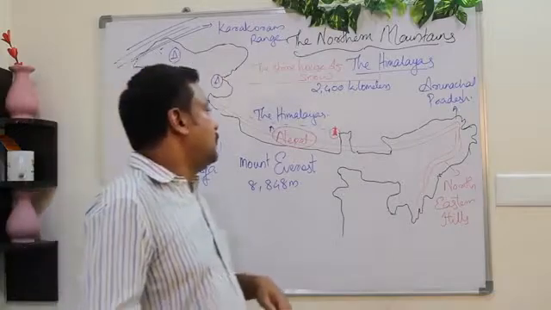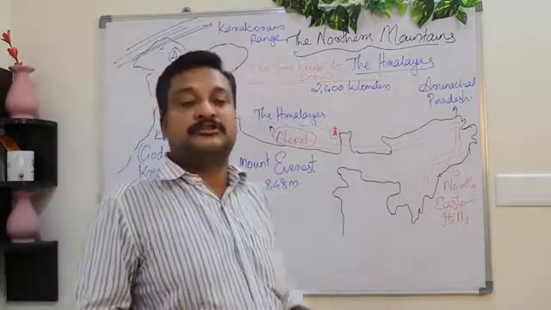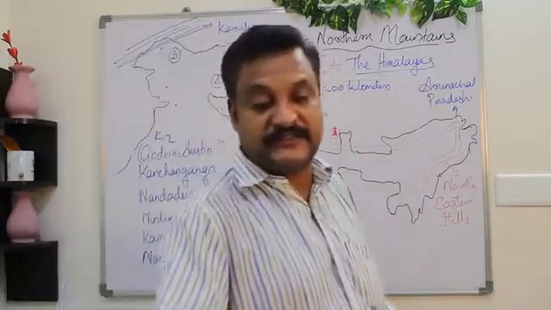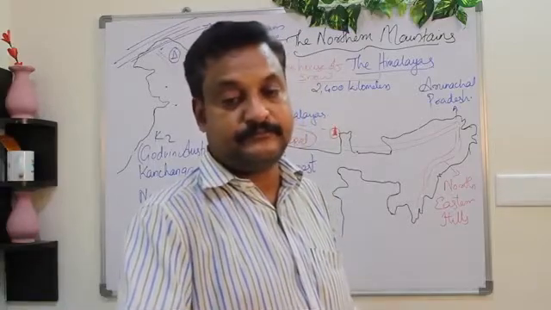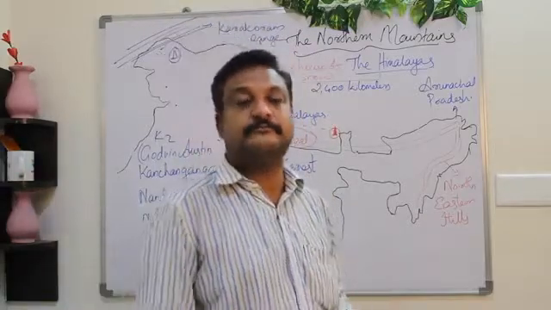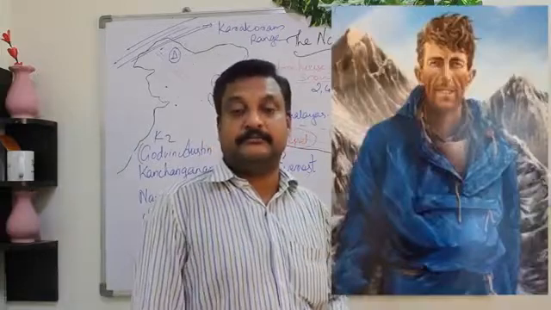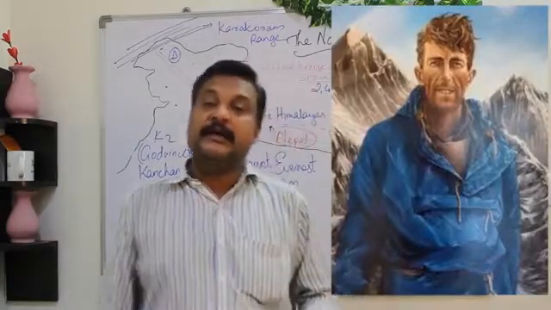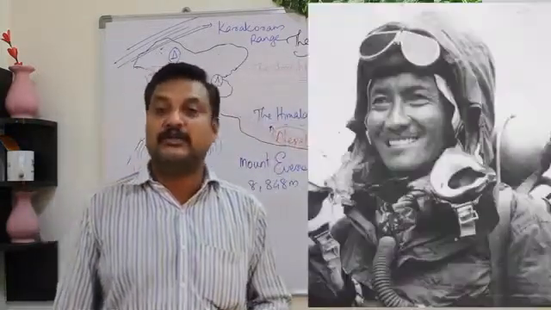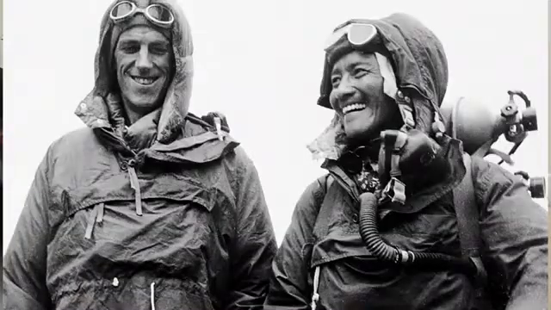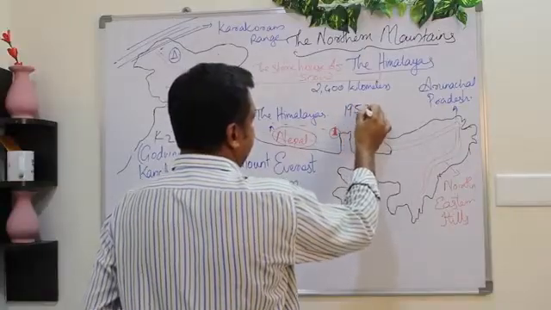Okay, now who climbed to the top of Mount Everest for the first time? Edmund Hillary, along with a Sherpa called Tenzing Norgay. They were the people who climbed on top of Mount Everest in 1953.